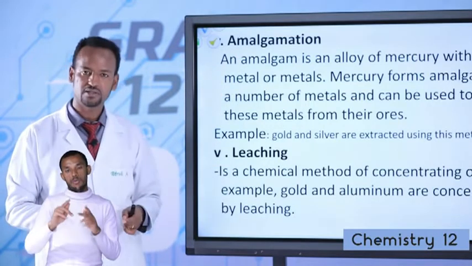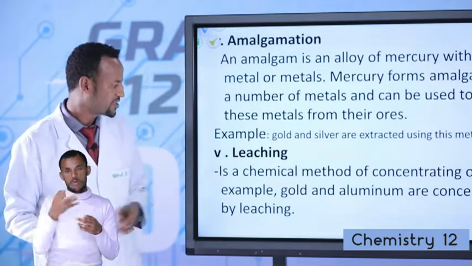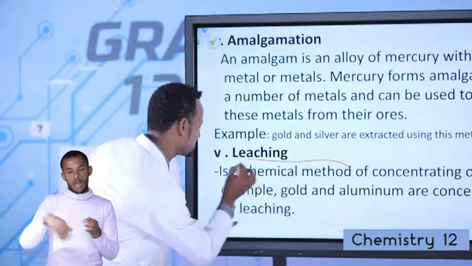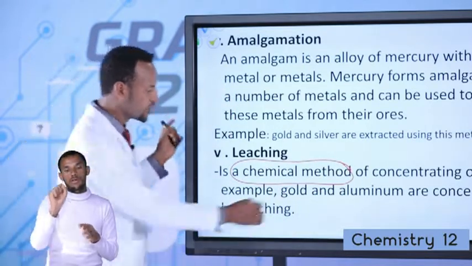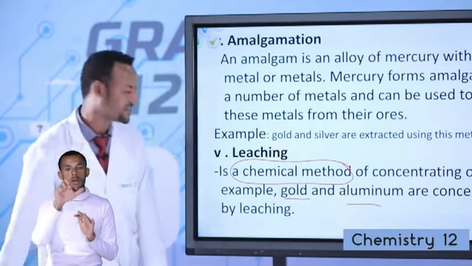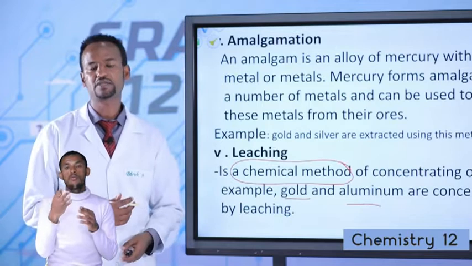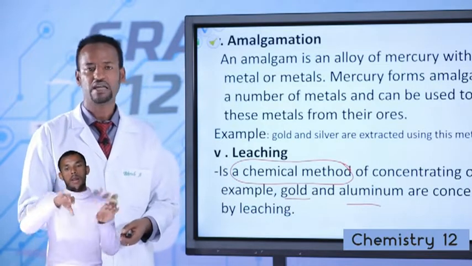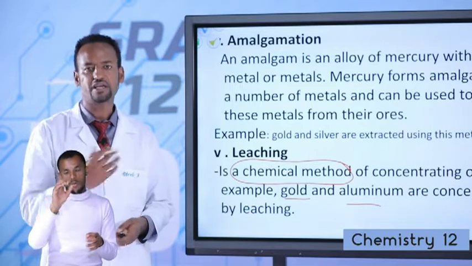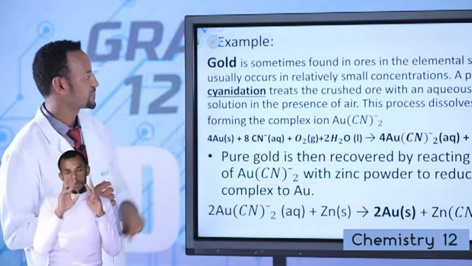Leaching is a chemical process, where elements are extracted by using chemicals. For example, gold and aluminium are concentrated by leaching. Aluminium is extracted using chemicals like sodium hydroxide. Finally, it gives aluminium.